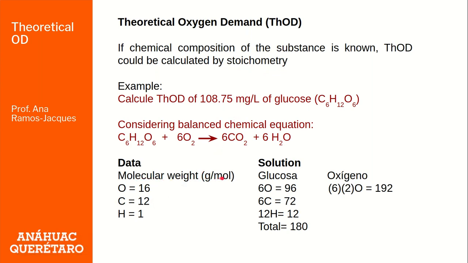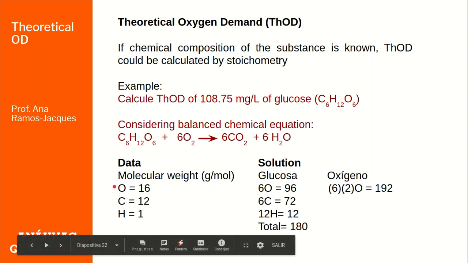We have the molecular weight in grams per mole of the oxygen. You can use all those values from the chemical data. So the oxygen is 16 of molecular weight, carbon is 12, and hydrogen is 1.